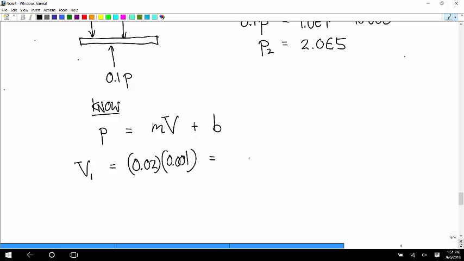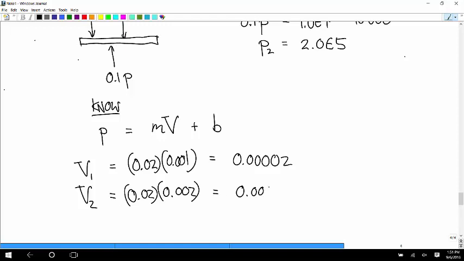And that's really small, 0.00002. That's why you use scientific notation. Volume 2 is equal to 0.02 times 0.002. So that's 0.00004.